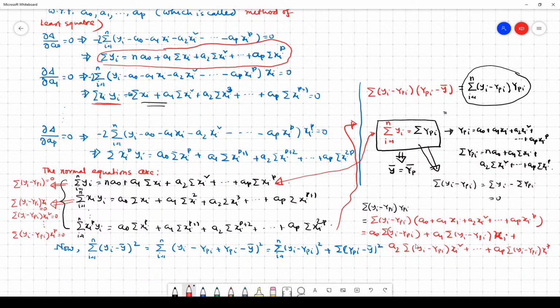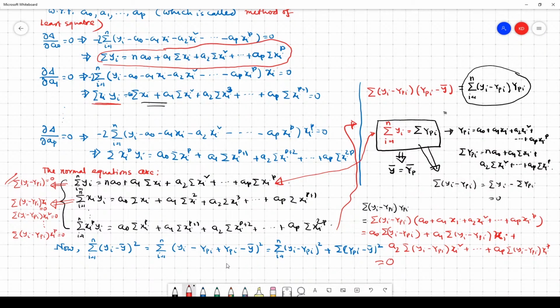If I multiply the first normal equation by a naught, the second by a1, the third by a2 and so on, and add, we get this. Since all these parts are 0, this equals 0. Okay, please tell me, have you any trouble?